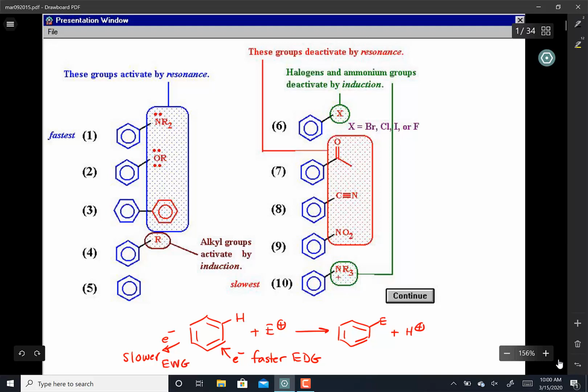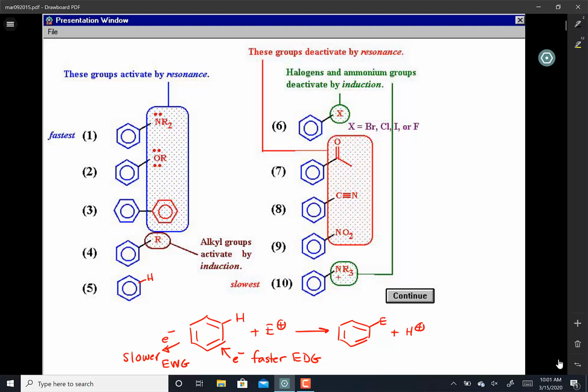So here is a list of groups from number 1 to number 10. It's the first of many that I'll show you. And they are ranked according to number 1 all the way down to number 10. Hydrogen is number 5 because that's the baseline.